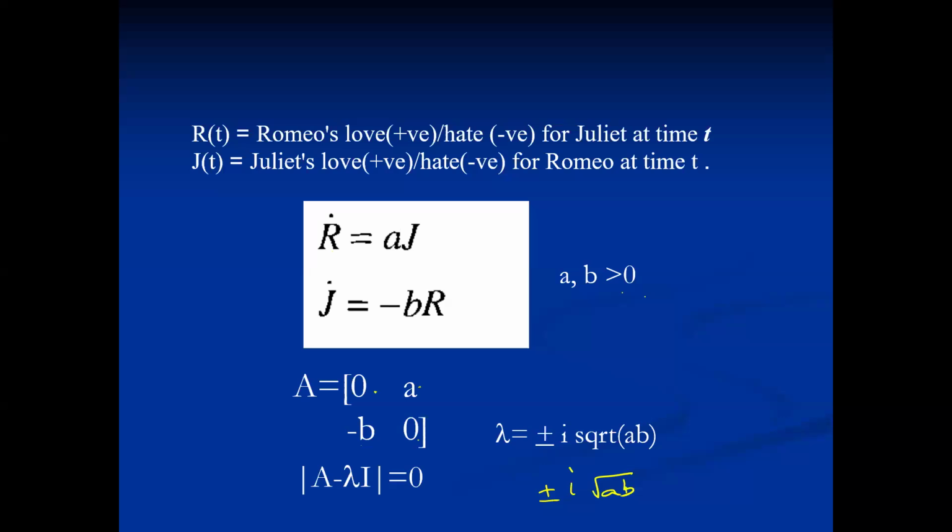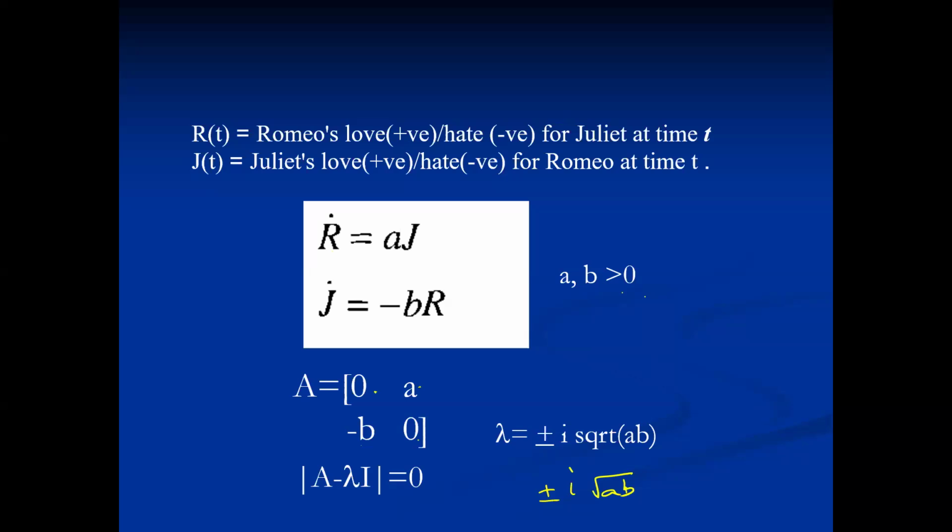With Juliet, it's the other way around. If Romeo is too excited, she gets put off, whereas if R is discouraged and aloof, then Juliet gets excited. So how do you express that? J dot is equal to minus B times R, where B is a positive number. So her response is negative to R.